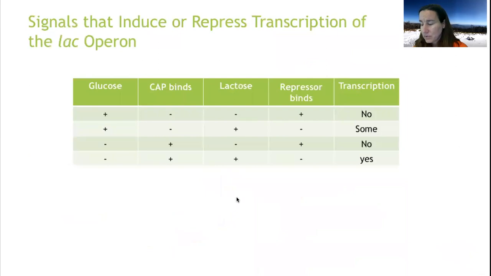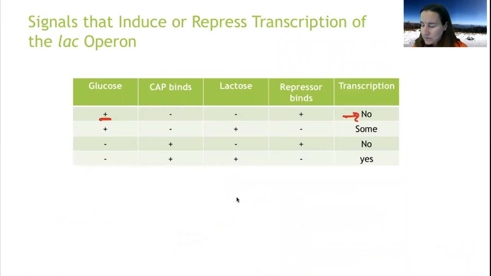So here's the table that tells us the conditions needed for the lac operon that breaks down lactose to work. And we said if glucose is present in the environment, then why would we worry about lactose if we can break down glucose? So if glucose is present, no, we don't really need to.